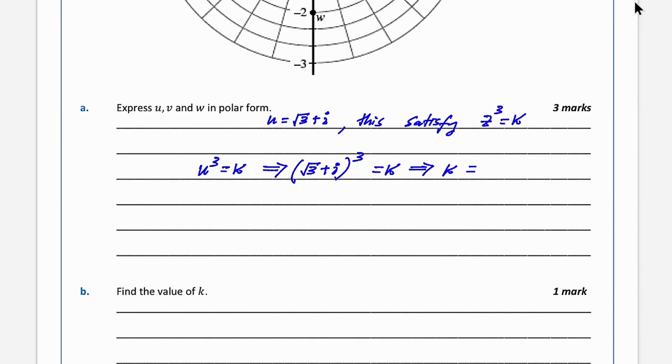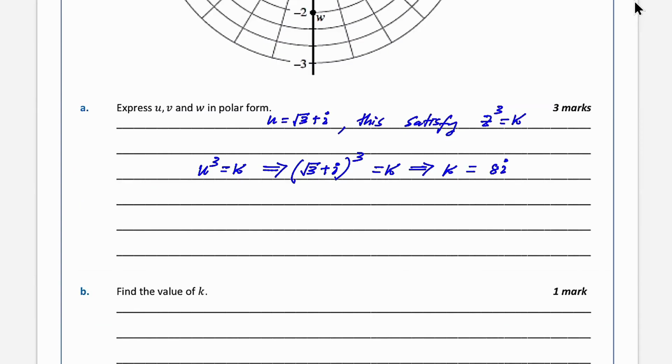I think it should be 8i. 8i? Confirm that for me. Yeah, it should be 8i. But it's 6 pi divided by 2.